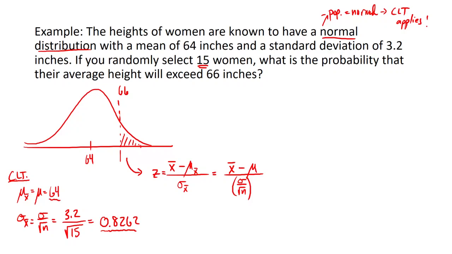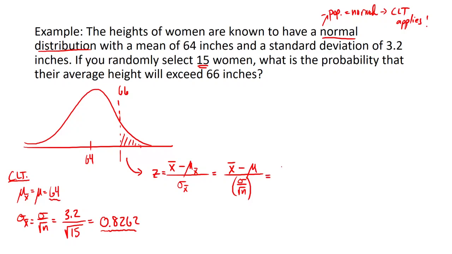So if you're sampling one person from a normal distribution, that's like the problem before, and it's your standard z-score formula. If you're sampling multiple people and you're averaging them out, it's the same process, but we're going to use this updated z-score formula. So it'll look almost the same.